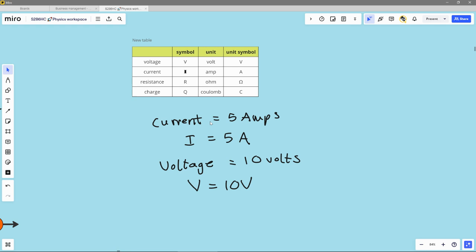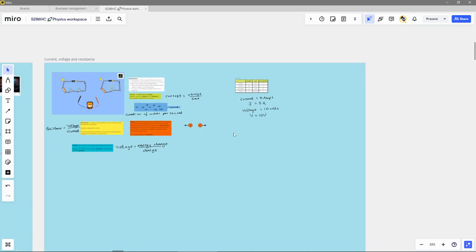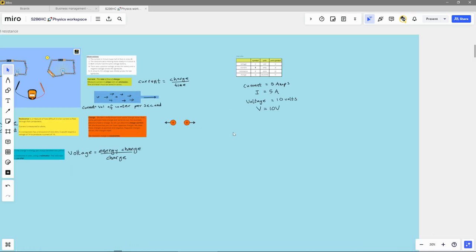Because how can V be equal to 10V? So just beware, just make sure not to get caught out by that. And so I think that's pretty much it for current, voltage, resistance, and charge.